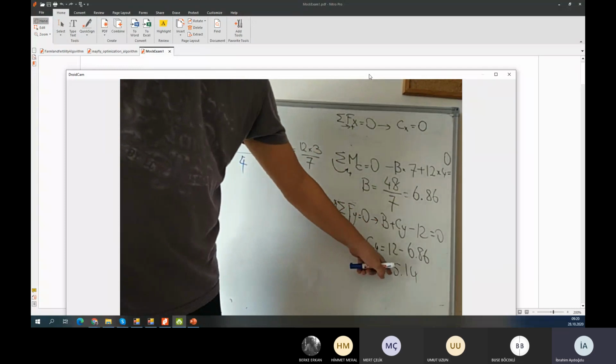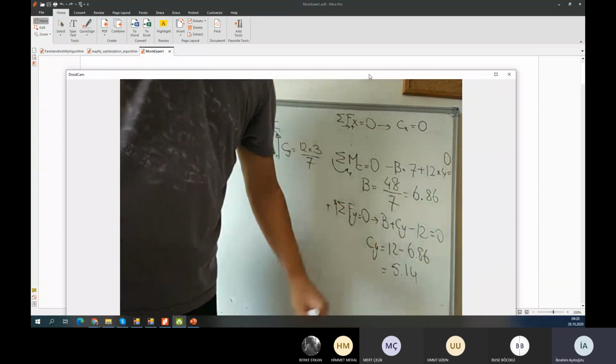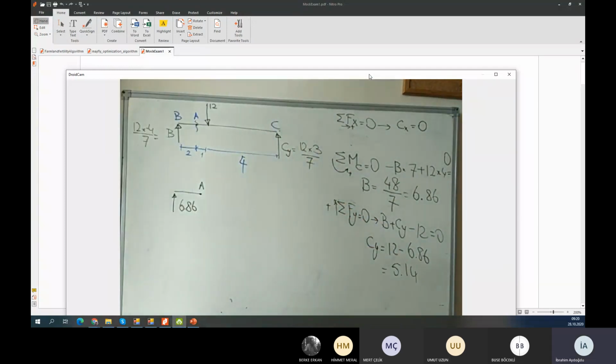Both B and C values are positive. What does it mean? Positive means that our assumed directions are correct. So I don't need to change the direction of these forces. So I write at point B.